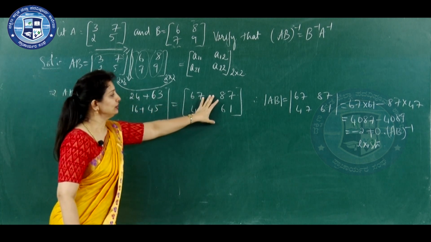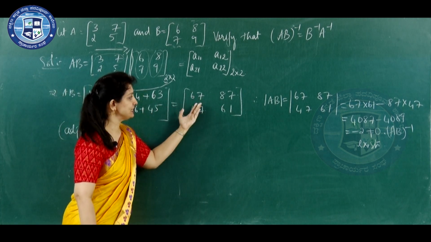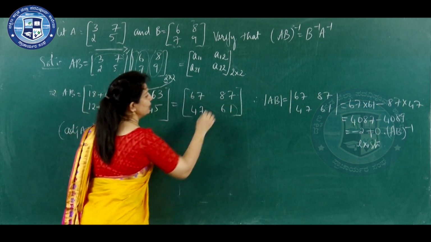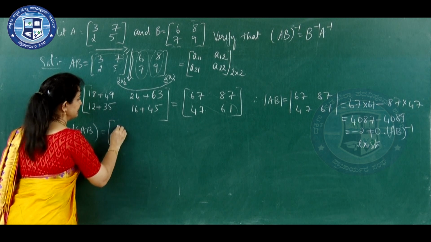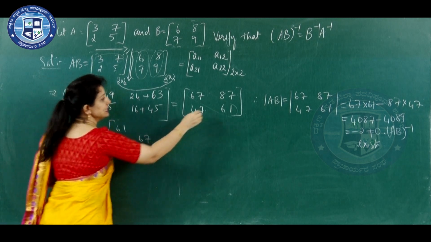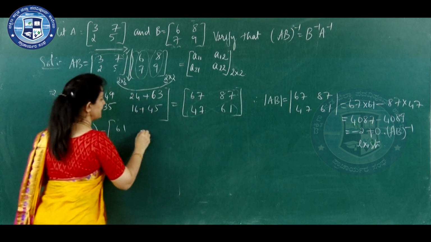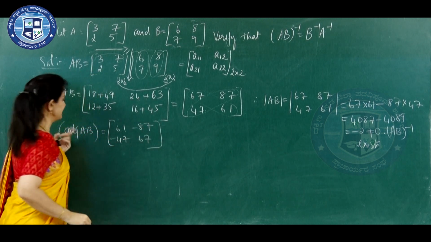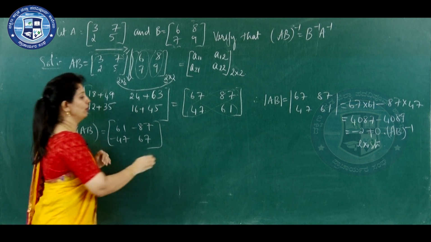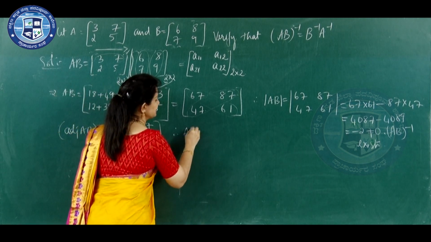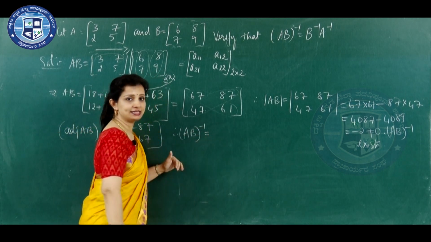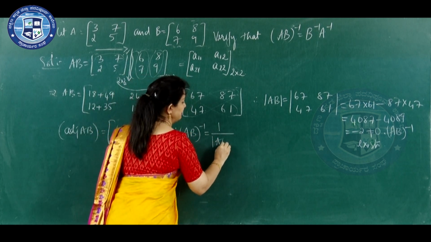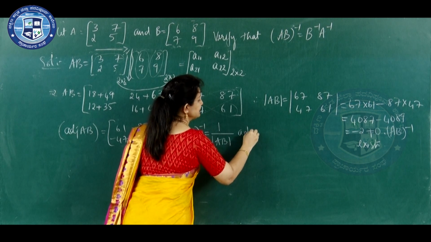If you know the matrix AB, it is easy, we can directly find the adjoint: interchange the diagonal elements, that is 61, 67, and change the sign of the off-diagonal elements, minus 87, minus 47. That is adjoint AB. So, the inverse of AB is in our hand, which is equal to 1 by determinant AB into adjoint AB.